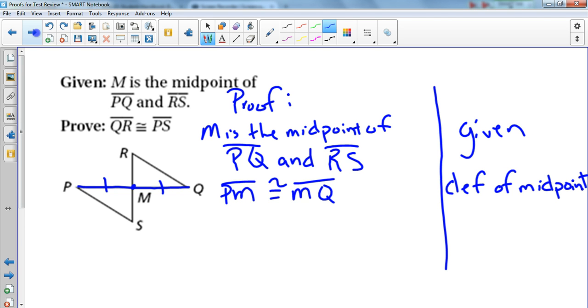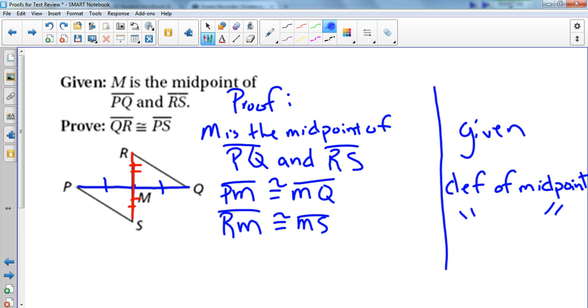All right, let's take the fact that M's the midpoint of this segment right here, RS. So then, if M's the midpoint, same argument, it's the same distance from R as it is to S, therefore those segments have to have the same length. So then we can state that the segment RM, the half of that segment, is congruent to the other half MS. And it's the same argument, so instead of writing it, I'm just going to double quote it, which implies same thing.